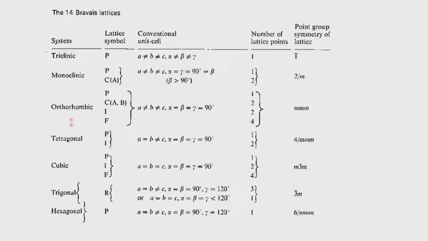Notice that the lattices are independent of the point group symmetries. So, the point group symmetry of the lattice is very high, whereas the lattice symbols will generate different types of lattices, that is, the number of lattice points. The number of lattice points associated will decide on the nature of the Bravais lattice, but the point group symmetry of the lattice is the highest point group symmetry associated with the crystal system.